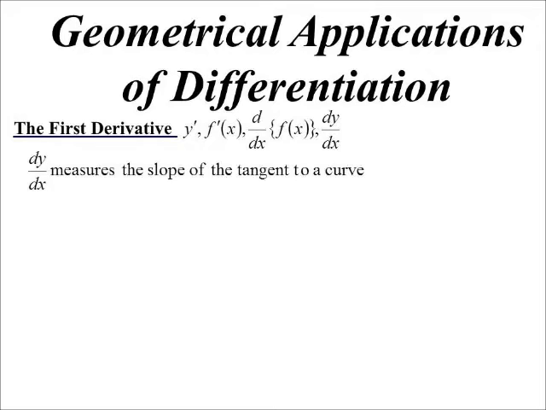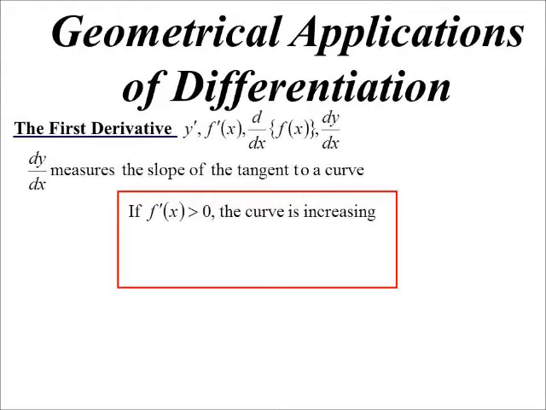And it measures, when we're talking about the picture, the curve, it measures the slope of the tangent at a particular point. Because obviously with a curve, that tangent slope will change as we move along the curve. That's then useful when it comes to drawing curves and finding information about it, because if we know that the tangent slope is positive, then the curve must be going up.